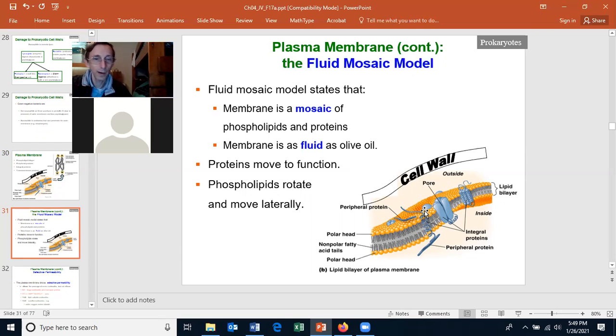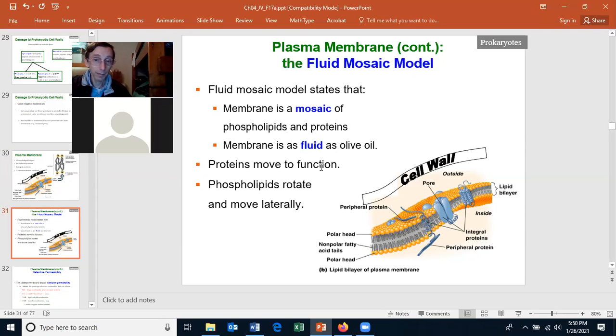We won't talk about that now, but the point is that the proteins in the membrane move around, and that's true unless the protein is anchored either to something outside the cell, like the cytoskeleton outside the cell, or if the protein is anchored to the cytoskeleton inside the cell. If the protein is anchored, it doesn't move around. But if it is not anchored, the protein moves around in the cell membrane.